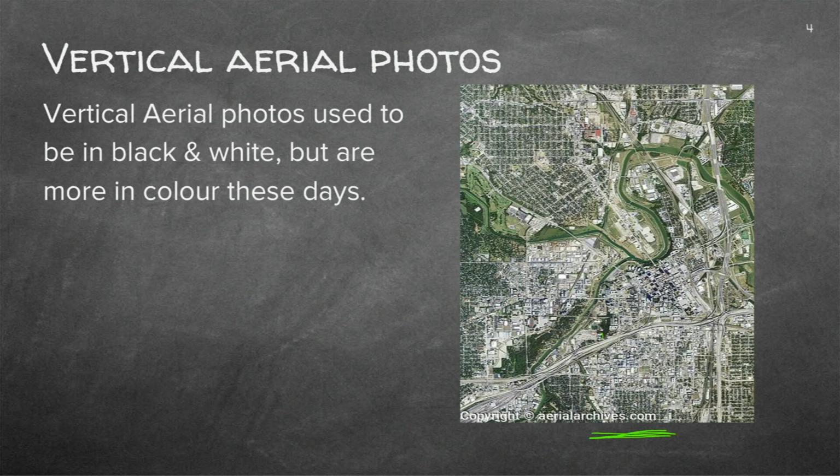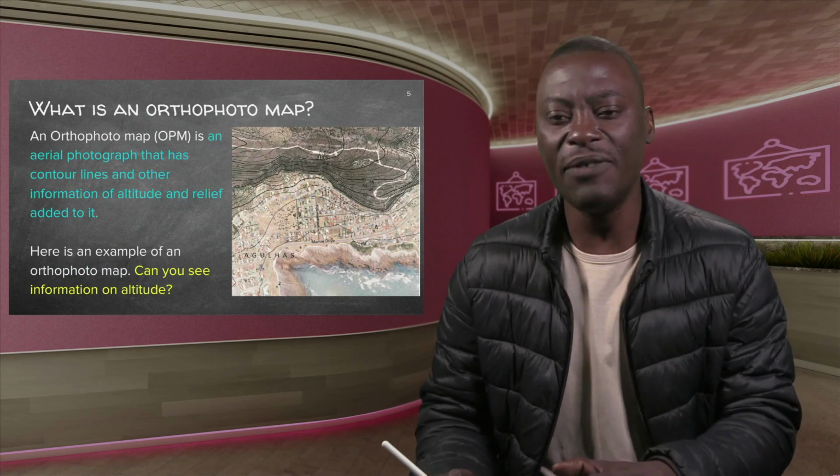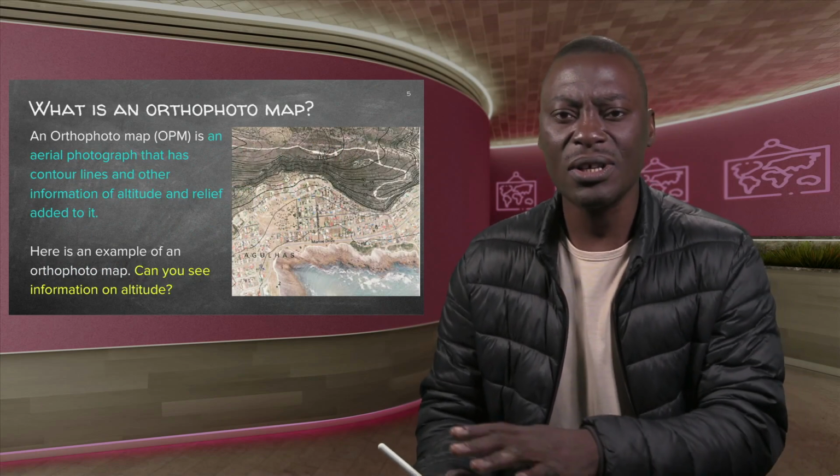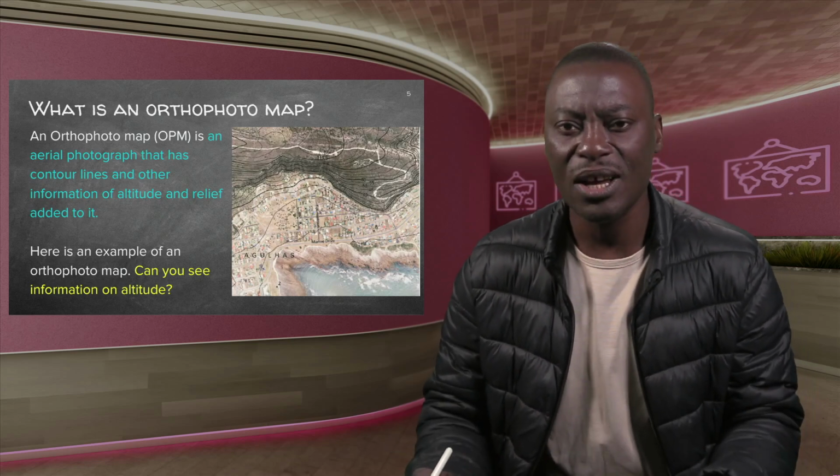So now that we know what vertical aerial photographs are, we can easily define orthophoto maps. When you take a vertical aerial photograph and put upon it information about the altitude and relief of the same place, what you then have is referred to as an orthophoto map.